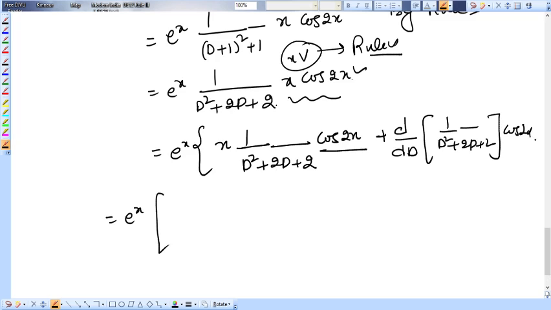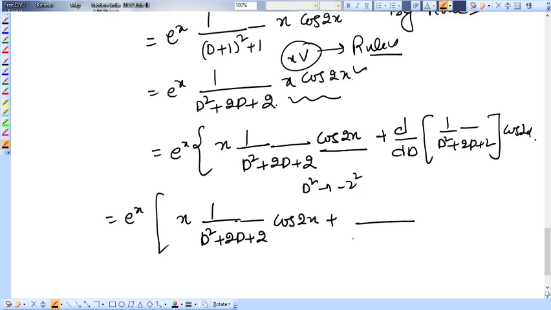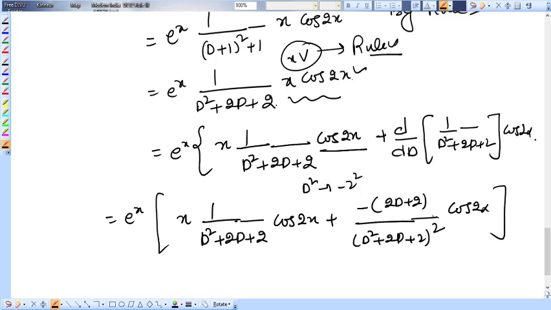By rule 2 we replace D square by minus 2 square, and in the second part we are going to differentiate, so write as it is. Later on in the next step we will change it. Now differentiate it: it would be (D square plus 2D plus 2) whole square below, and above it would be minus (2D plus 2) by the quotient rule.